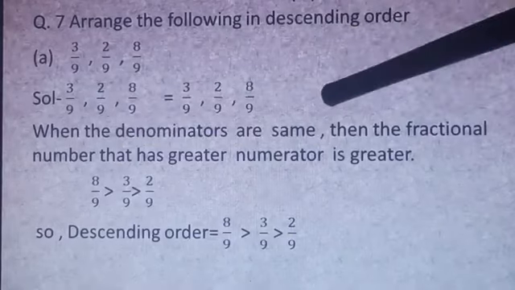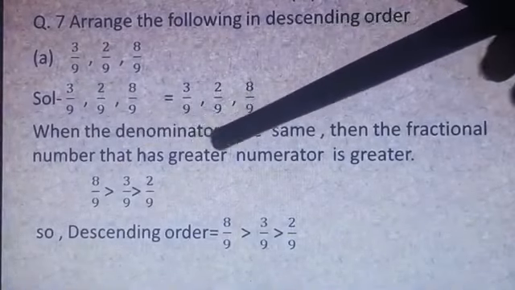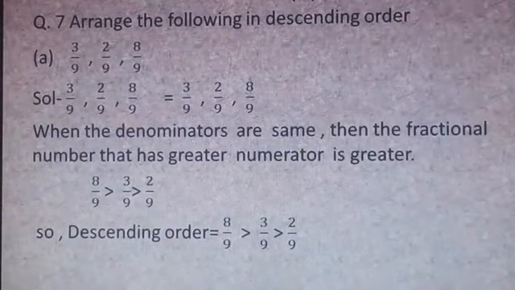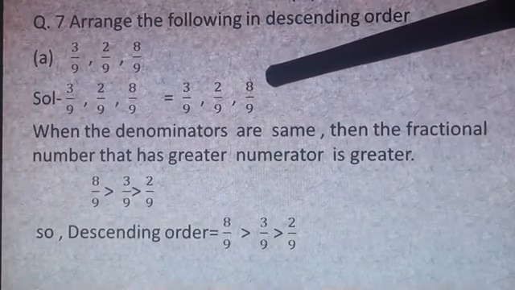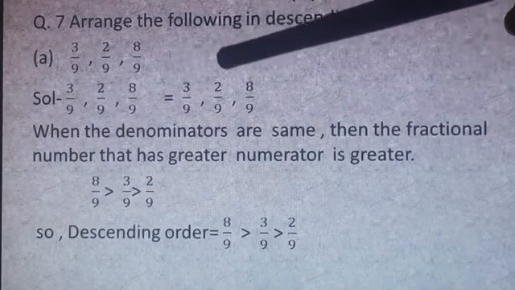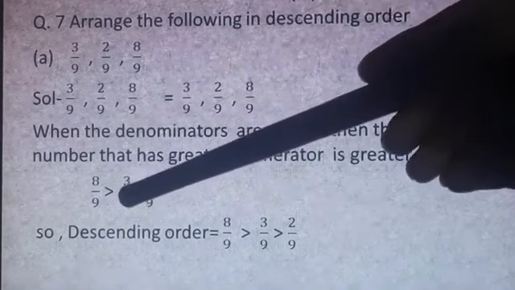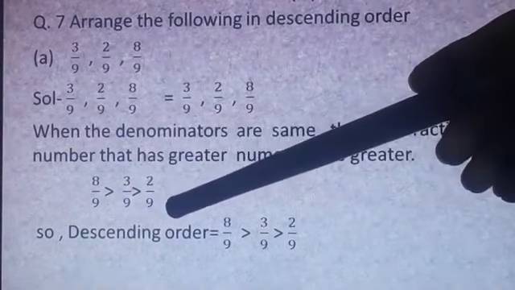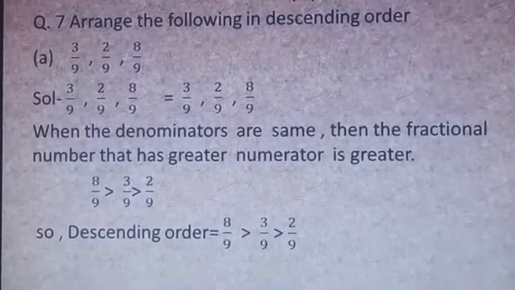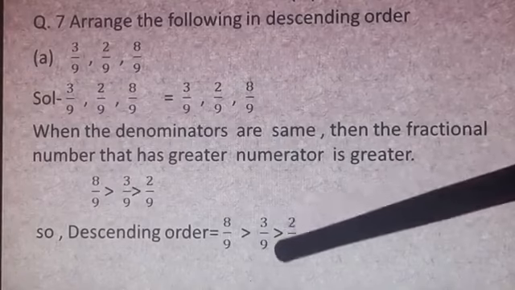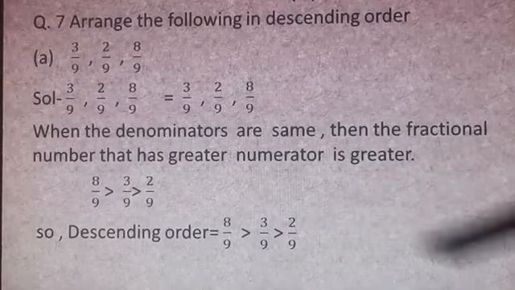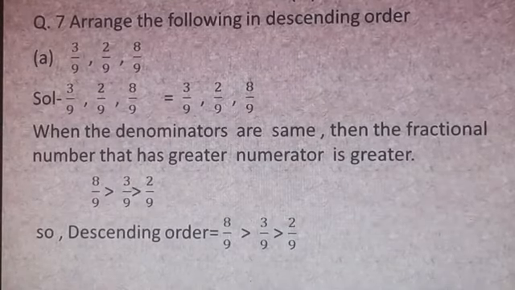When denominators are same, the fractional number that has greater numerator is greater. So we have to check the numerator. Greater numerator is 8, then next is 3 and then next is 2. So 8 upon 9 is greater than 3 upon 9 and 3 upon 9 is greater than 2 upon 9.